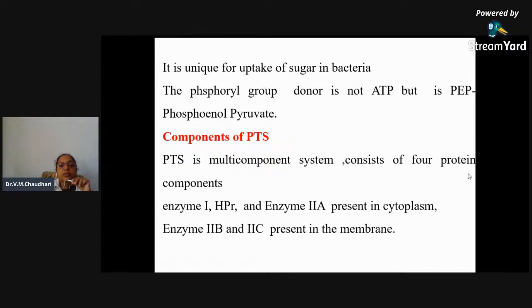It is a multi-component system, consisting of 4 protein components: enzyme first, HPR, enzyme second A, which are present in the cytoplasm, and enzyme second B, present in the membrane. In some organisms there is also an additional component, enzyme second C, which is present in the membrane, but mainly there are 4 components. The fourth is enzyme second B, which is present in the cell membrane.